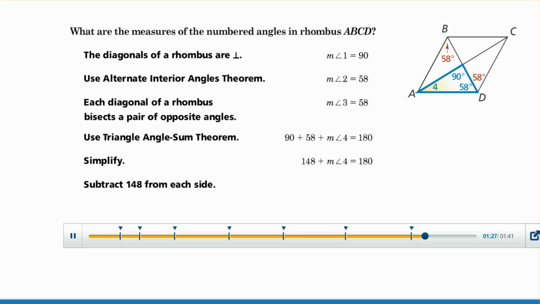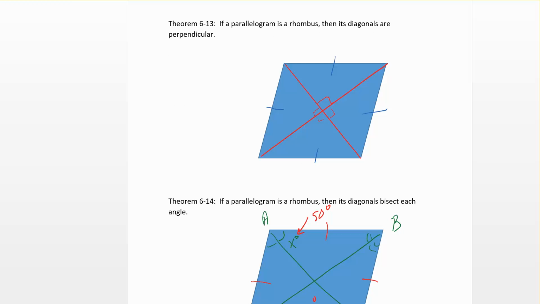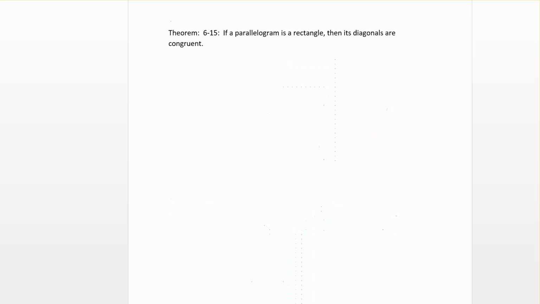Subtract 148 from each side. The degree measure of angle 4 is 32. So real quick review of that. If a parallelogram is a rhombus, we know its diagonals are perpendicular. They cross each other at 90 degrees, and the diagonals bisect each angle. Now that's for rhombuses. Let's take a look at rectangles.